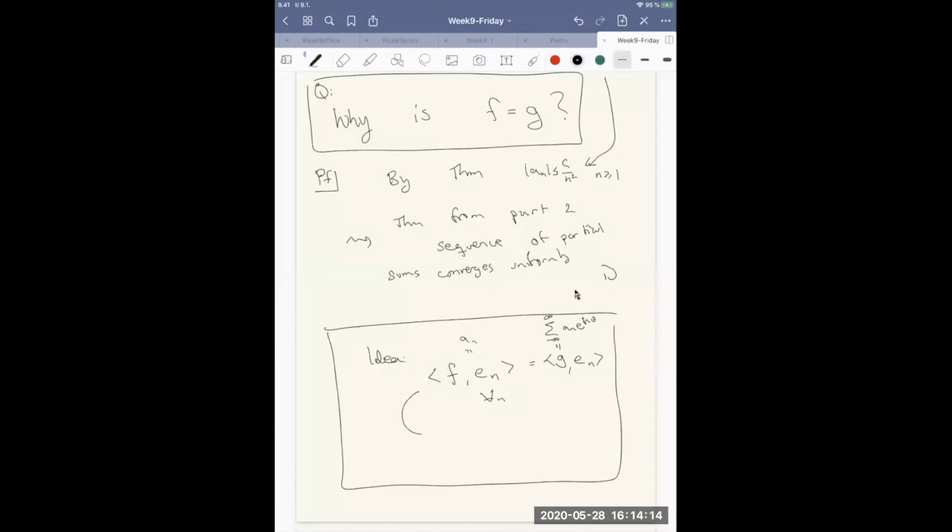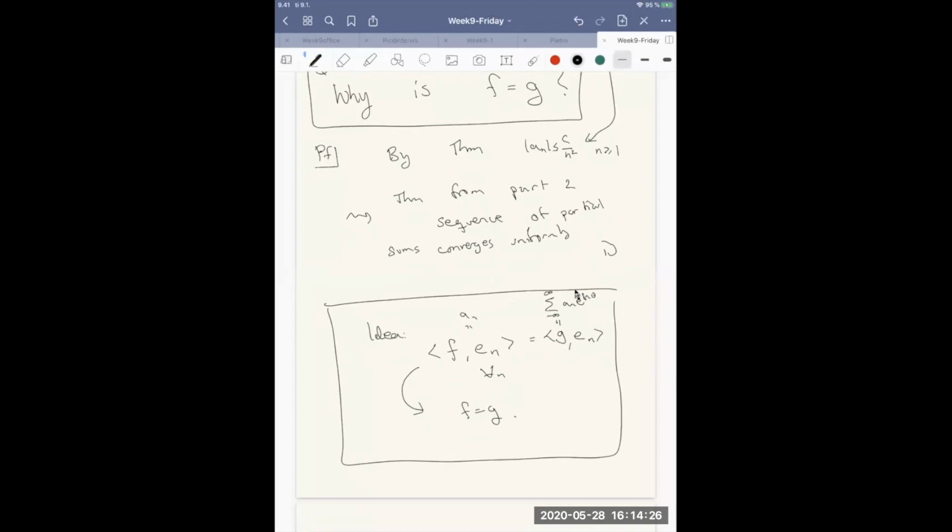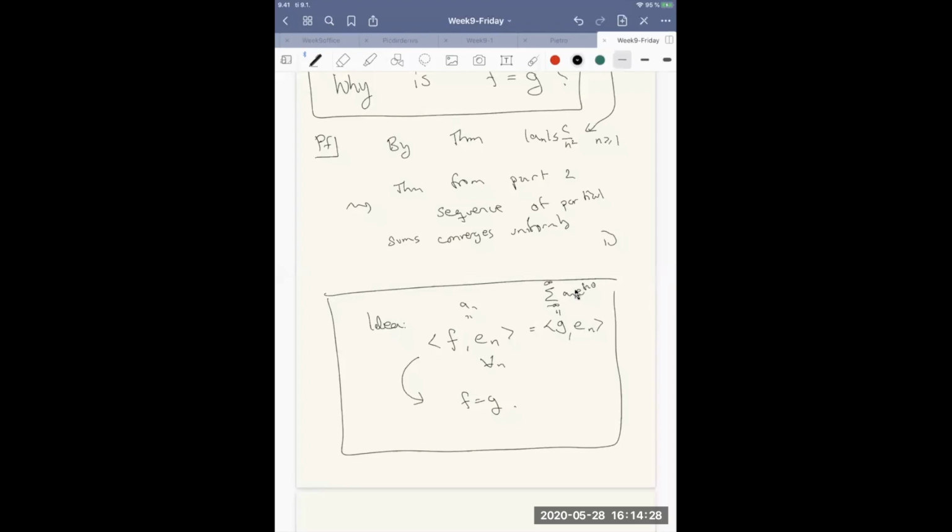Now, we would hope that this fact would imply that f is equal to g. We saw a similar claim elsewhere, but we have yet to prove this for functions. This is true in R^n.